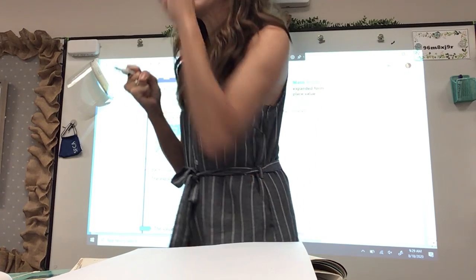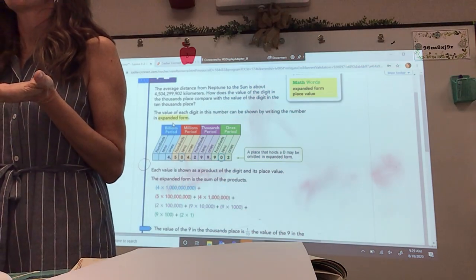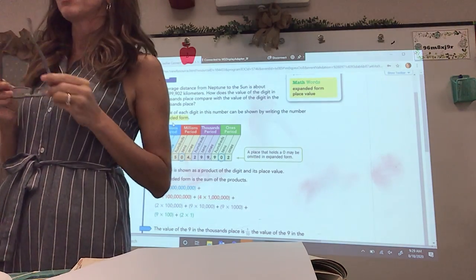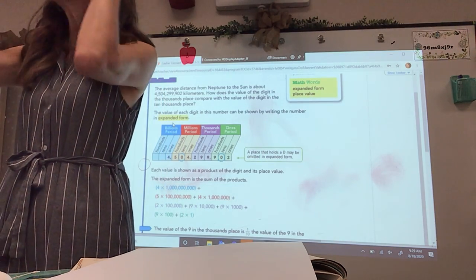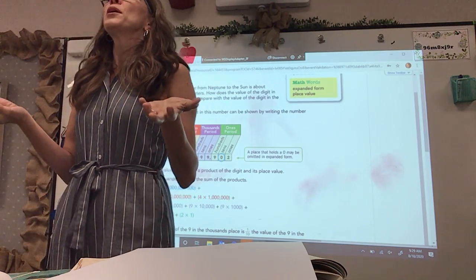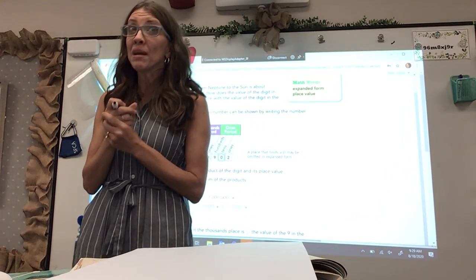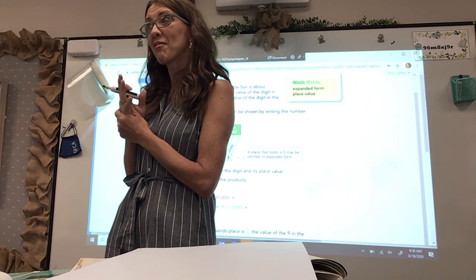You already know that writing a number in standard form means what? What does it mean for standard form? Yes, Jaden? Just normal, standard, the regular. You write the number, right? If you write a number in number name form, what does that look like, Romy?